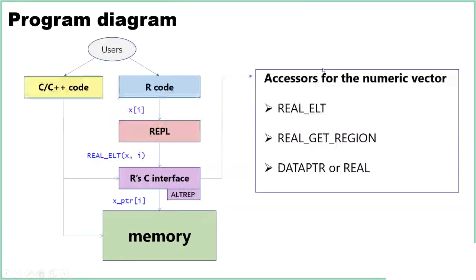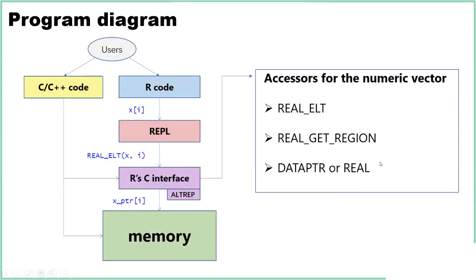Here are a few popular accessor functions for the numeric vector, namely real element, get region, and data pointer or real. The data pointer is a more generic version for getting the data pointer, and real is specifically for numerical vectors. But basically, they are the same thing.